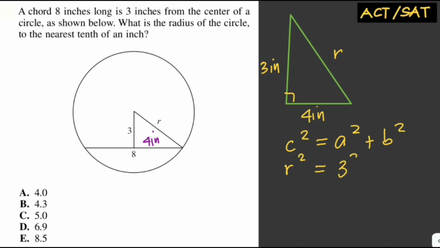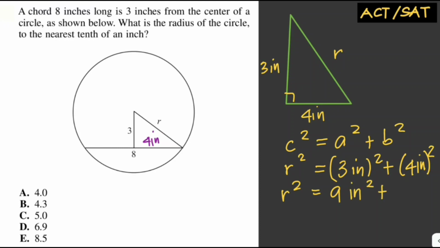r squared equals 3 inches squared plus 4 inches squared. So this is just equal to 9 square inch plus 16 square inch.